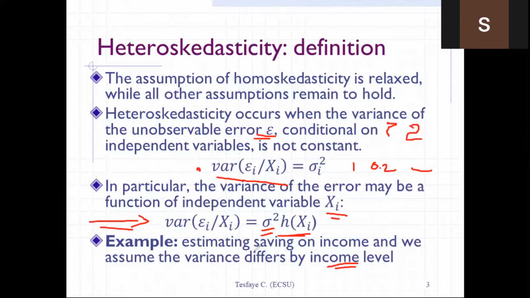So the variance of the saving differs between low-income people, middle-income people, and high-income people. So the variance differs across each individual we have.